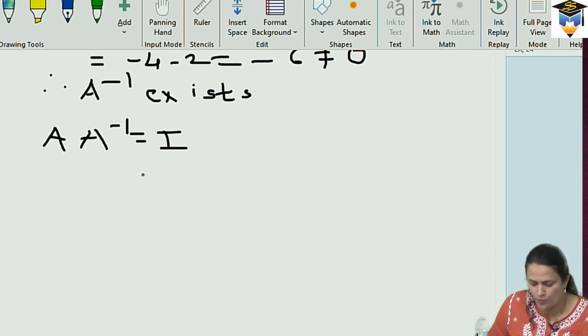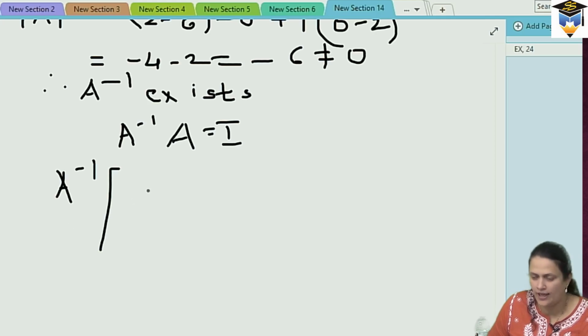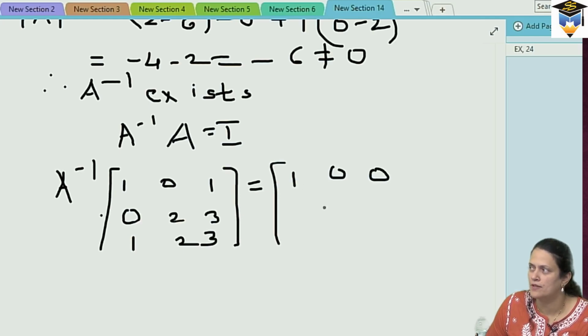Now I can say A into A inverse is equal to I, or I can also write this down as A inverse into A. It is one and the same. I hope you understand. Okay, so A inverse into A. What is our A? 101, 023, 121 as I is nothing but 100, 010.